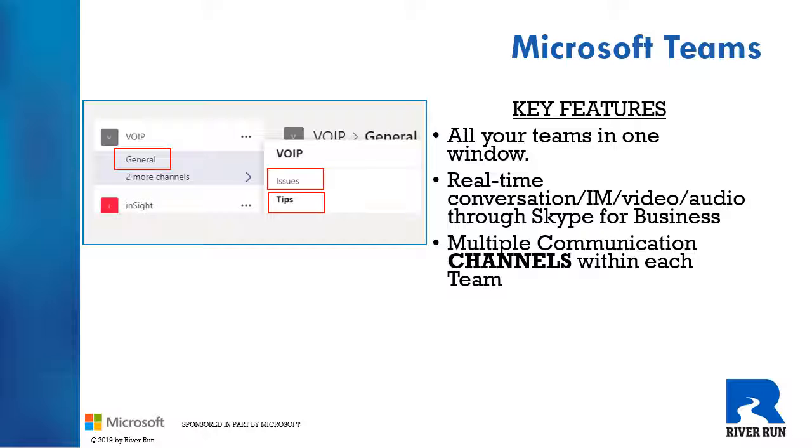Each of these communication channels for each team can be subdivided into what we call channels. So there's multiple communication channels within each team. So even though you have a small group working on a single thing, you might even subdivide that more by having certain people just interested in the technical part, or perhaps the issues resolution, or however you want to divide your team into even subgroups.